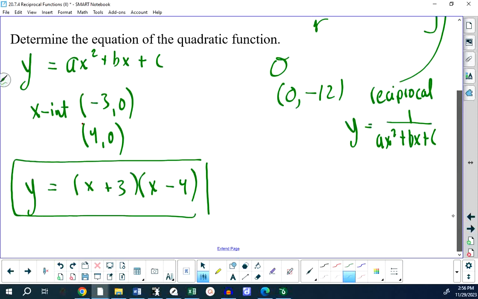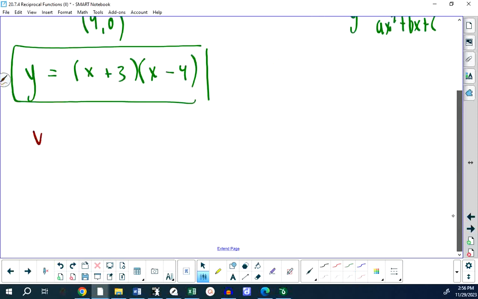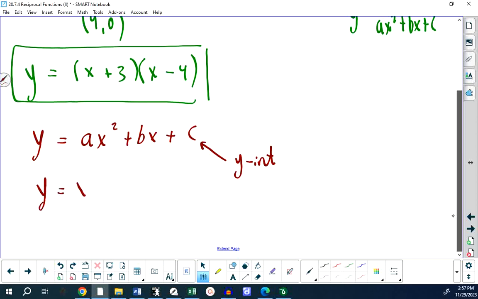And what Owen has said is, he remembers that when you expand things out, that this is the y-intercept. And he's just looked up here and said, well, 3 times negative 4 would give you the negative 12. So expanding this out, we get y equals x squared minus x minus 12.